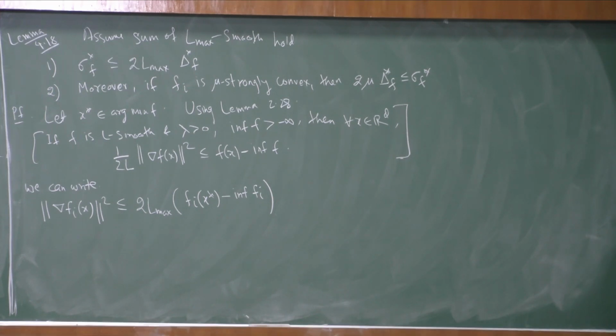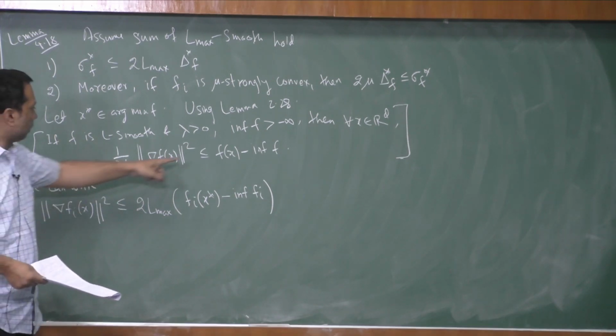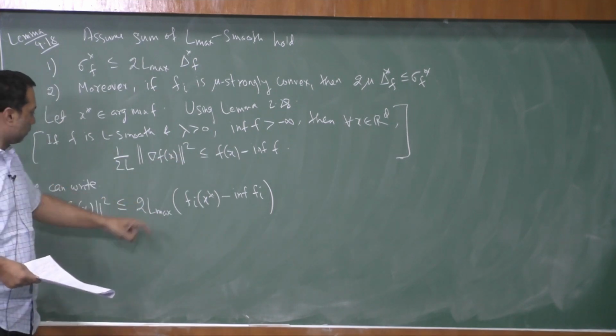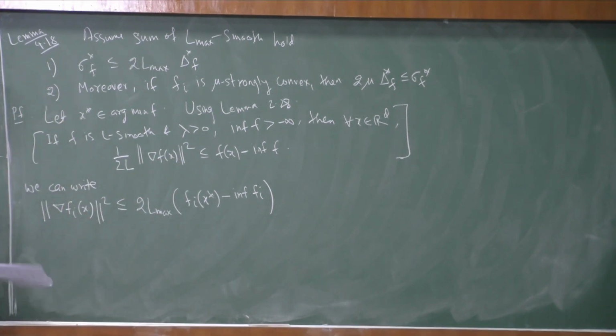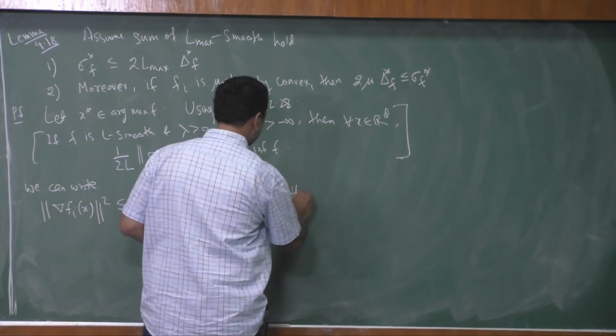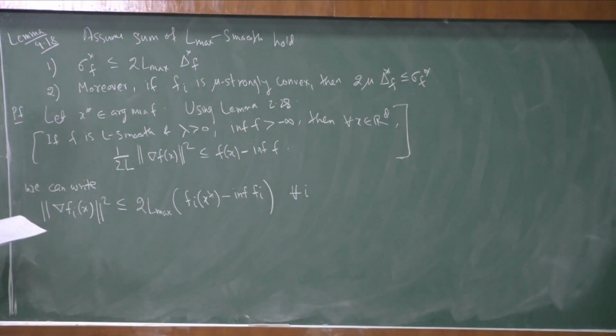So using that lemma, I have applied this on fi. Okay, so this 2L goes there. In place of L, I have L max, because fi's are also L max smooth, right? And this is for all i. We can say that L max is the max over all Li. So the conclusion will follow after we take the expectation.